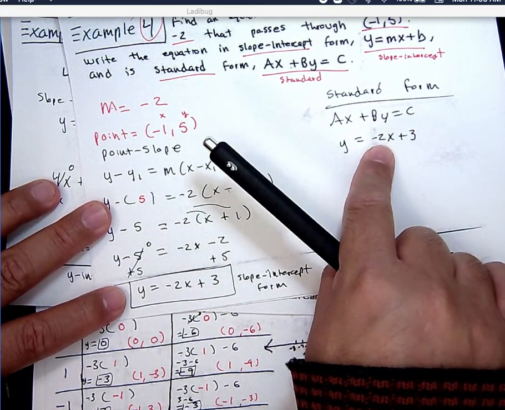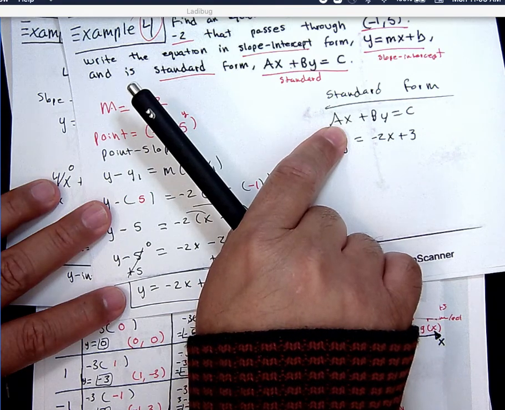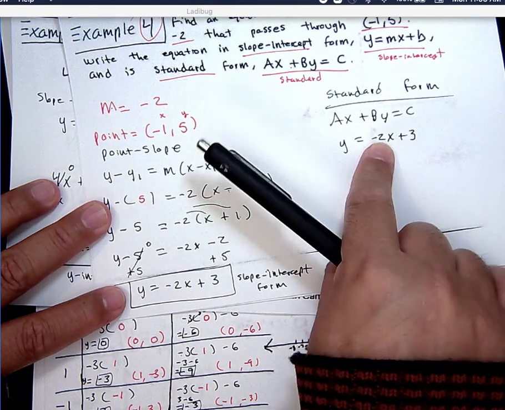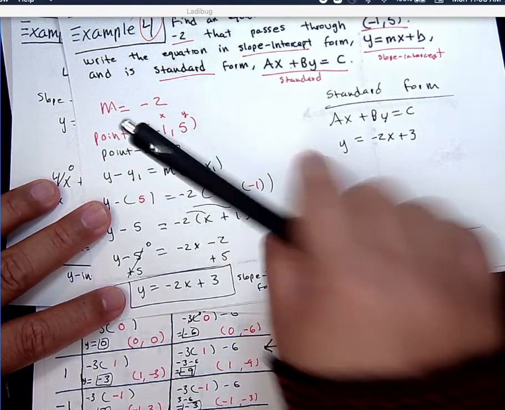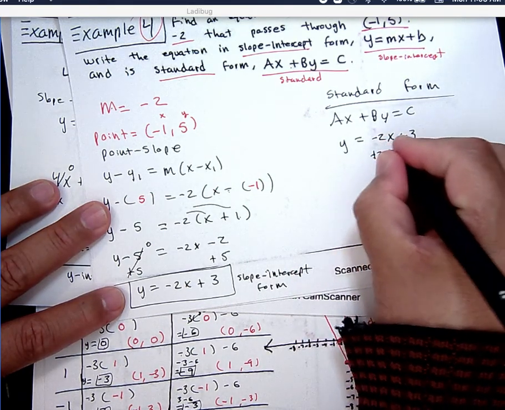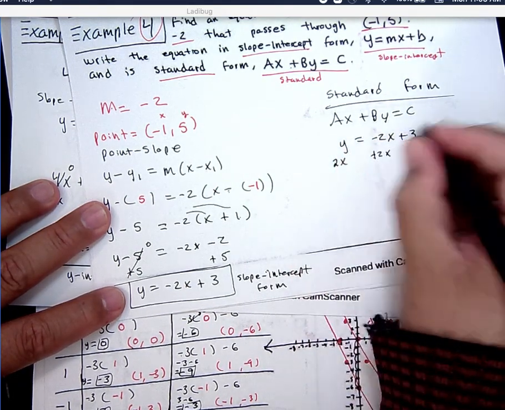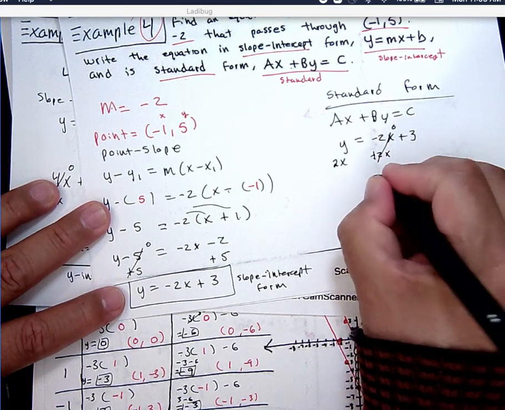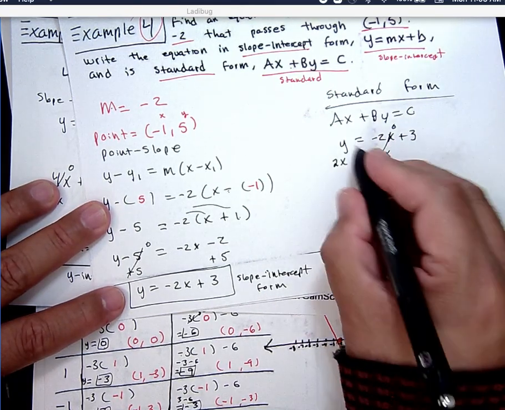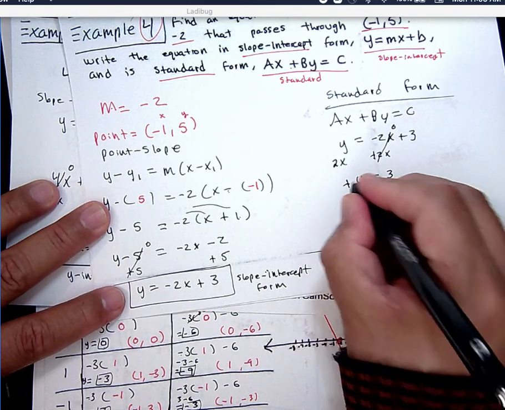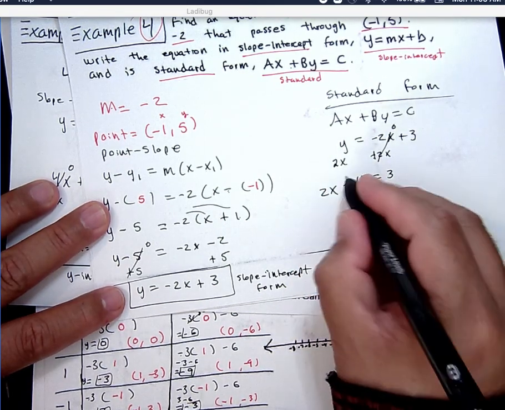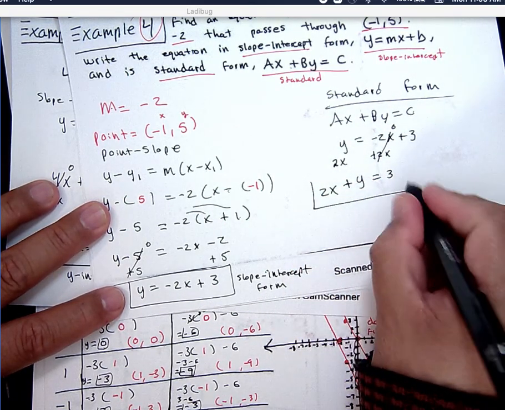So how can we make it look like this? The x is on the left side. So we're going to have to carry that x to the left side. So we're going to add 2x, and you get the 3, which is the c, and then you get the y positive, and then the 2x. And that would be the standard form.